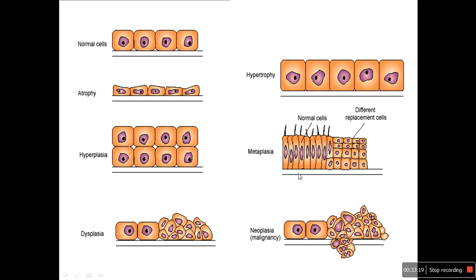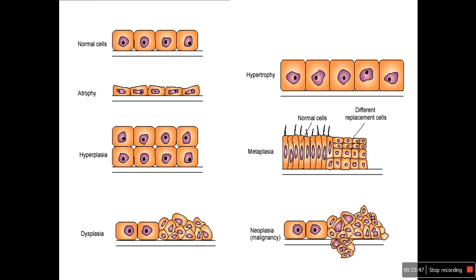I'll give you an example. Like smoking, when you smoke, there is damage. For example, we all know that in the bronchus the tissue or cells are ciliated columnar.